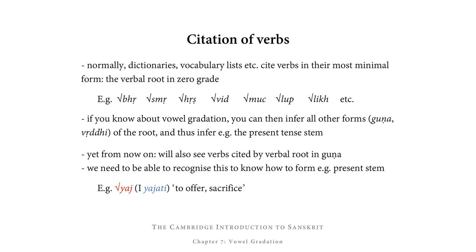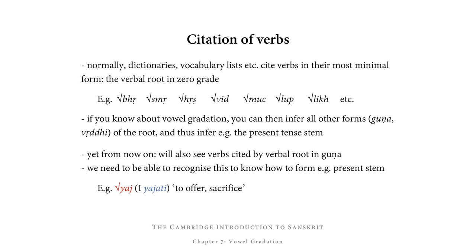Another thing we can now understand, now that we know about vowel gradation, is the citation of verbs. Normally, dictionaries, vocabulary lists, and so on would cite verbs in their most minimal form, which is the verbal root in zero grade.